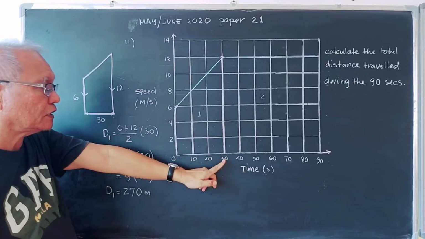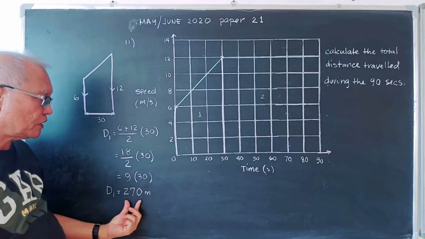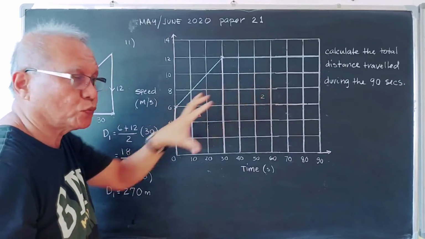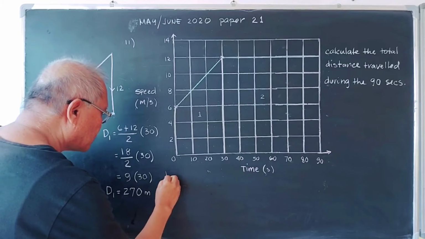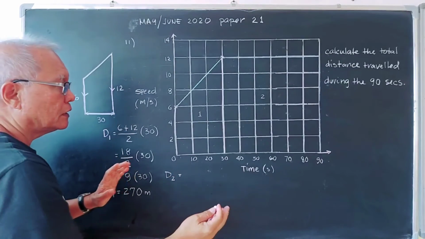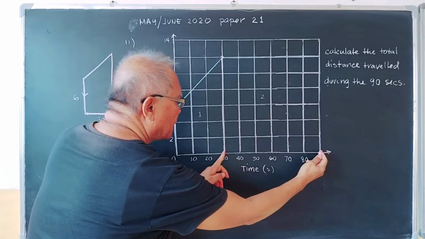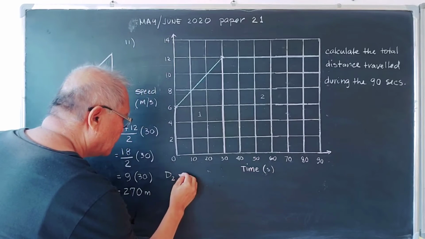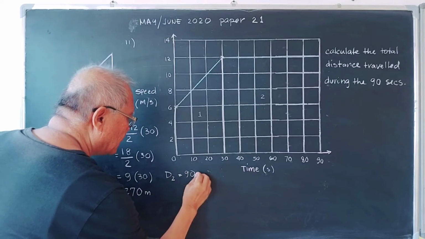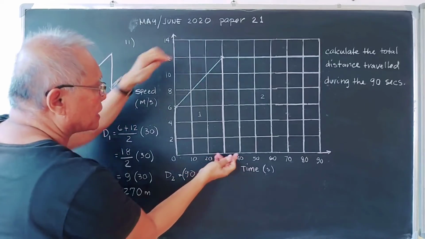Up to 30 seconds, our object travels a distance of 270 meters. What about distance 2? For distance 2, that is a rectangle. So the base of our rectangle is 90 minus 30, times what is the height?